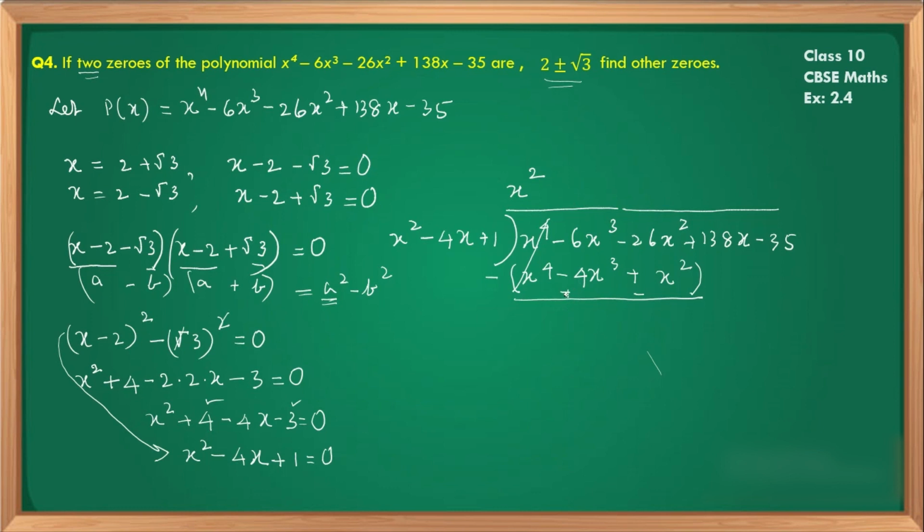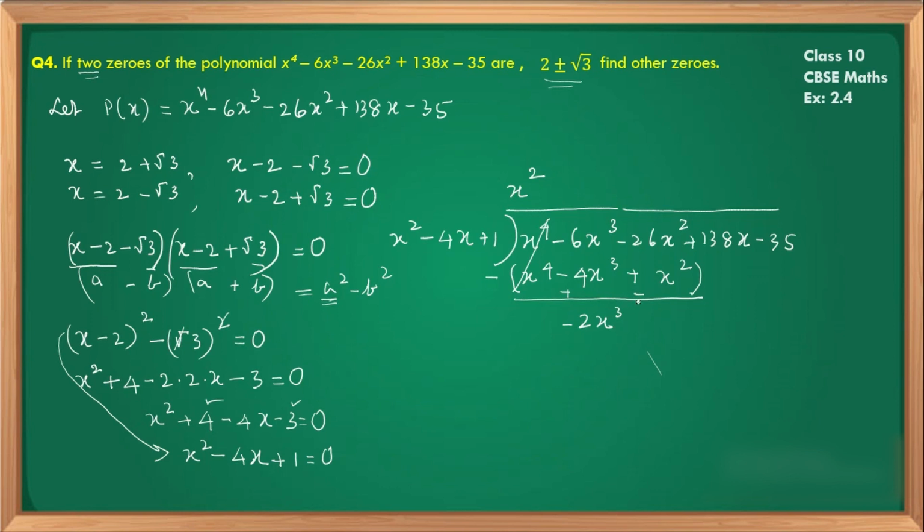Now you get plus 4 in the top bottom. So when the signs are different, you have to take the difference and you put the sign of the bigger number. Here 6 minus 4 gives you 2x cube, and this 2 takes minus sign because we have bigger figure minus.